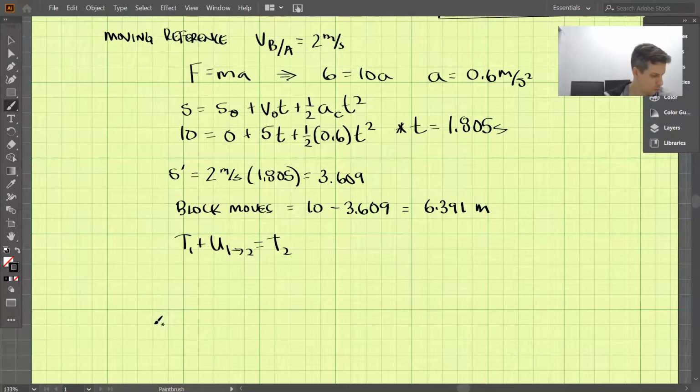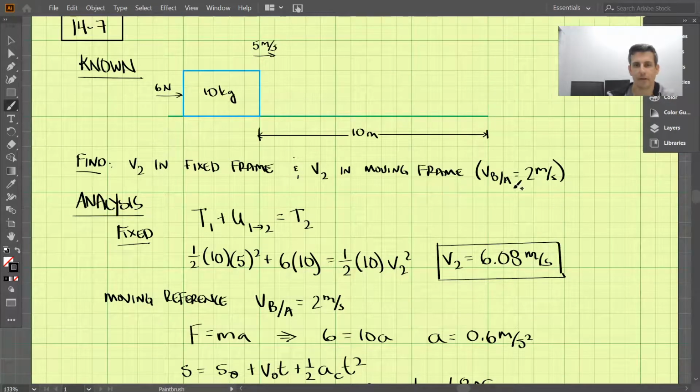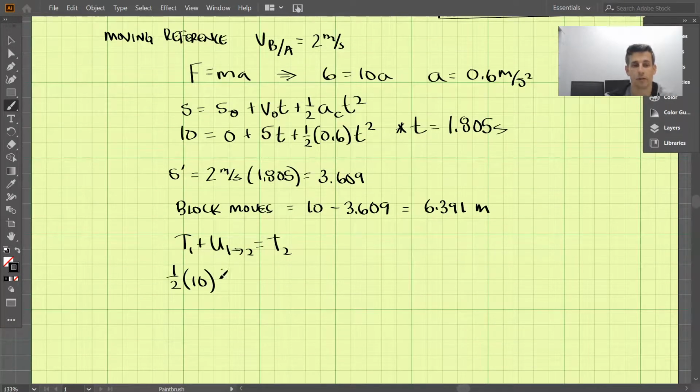T1 is 1/2 times the mass, which is 10, times the initial velocity squared. In a moving reference frame of 2 meters per second, the initial velocity is actually 5 minus 2, which is 3.